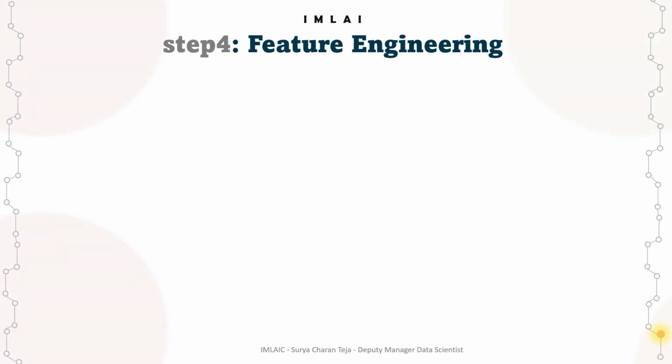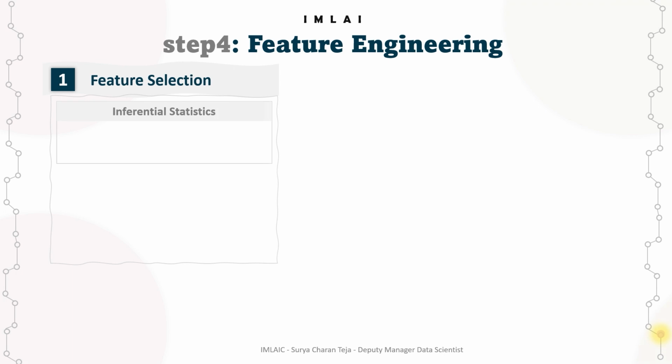So let's again categorize various techniques into various groups or sections. The first section is feature selection. Under feature selection, the first method is the application of inferential statistics.